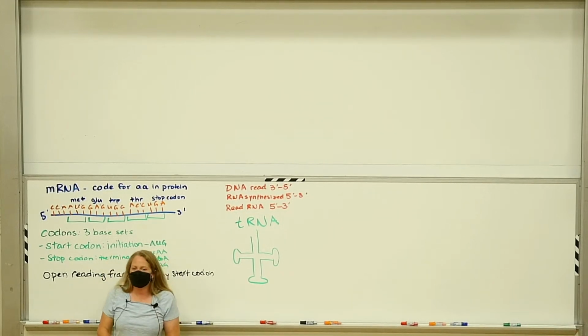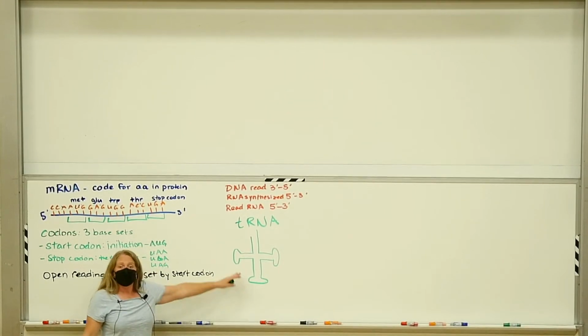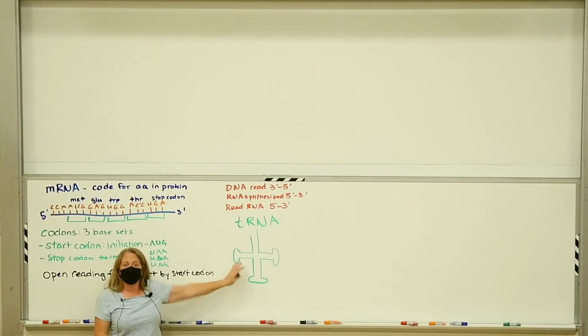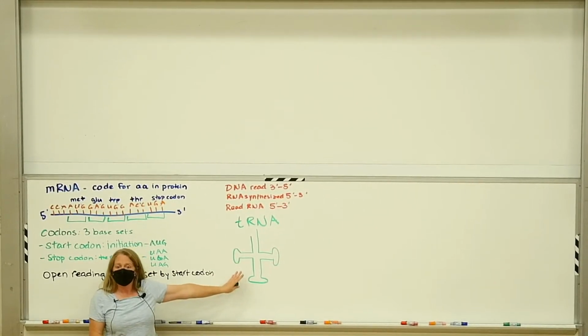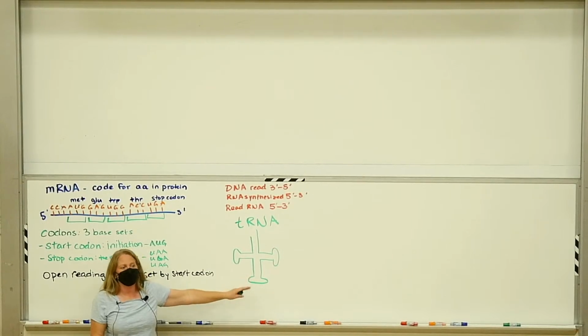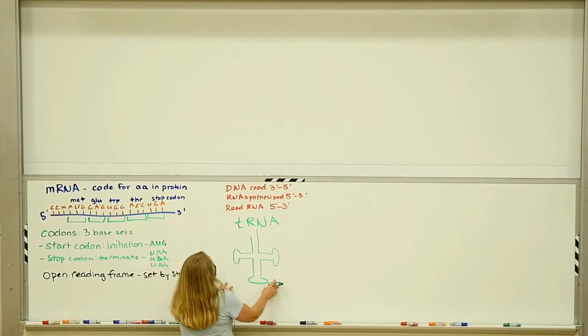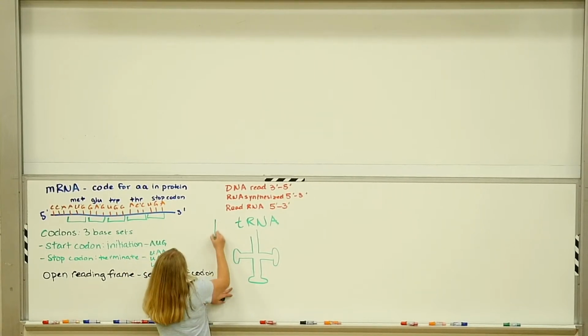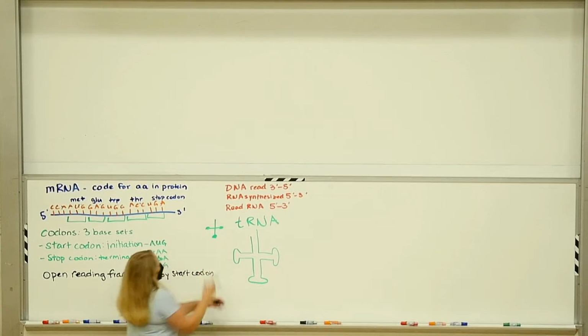You don't have to memorize the structure of the tRNA either. I just want to show you how it works. I'll also tell you that this is a fairly decent representation of what it looks like in a 2D form. This is not just some shape we're making up to show you. That's actually kind of what it looks like. However, I'm not going to draw it out like that every time I draw a tRNA. So this is how I draw my tRNAs. There's your hairpin loops, there's your stem.